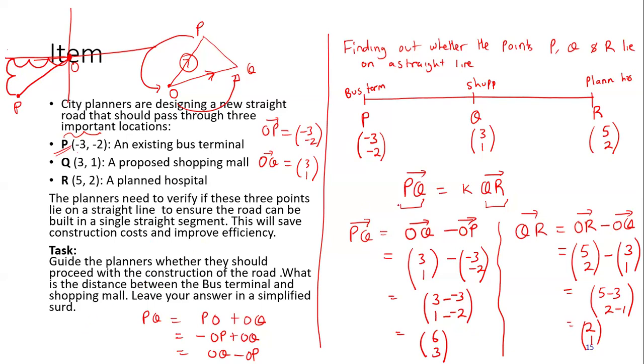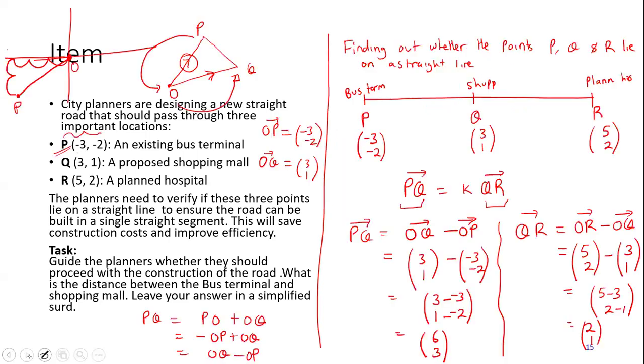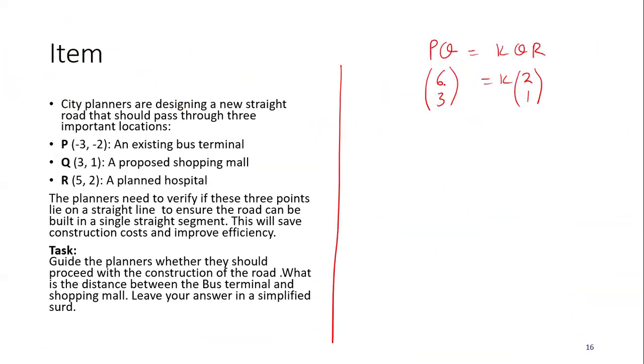Okay, thank you, sir. Now from here we are going to substitute. PQ, which was 6, 3, is equal to K times QR, which people obtained as 2, 1. When you reach here, you must show how you obtain K. Don't just equate and leave.